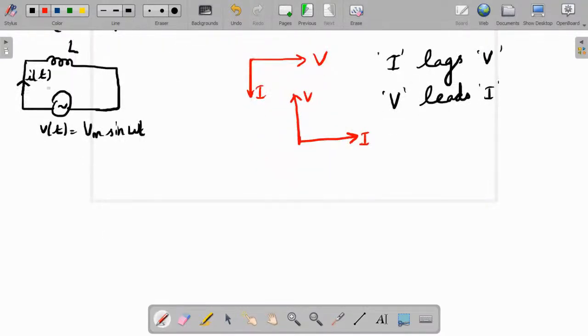Capacitive circuit. Okay, so for a capacitive circuit you have C, some I of t, and you have a source of V of t equal to Vm sin omega t.